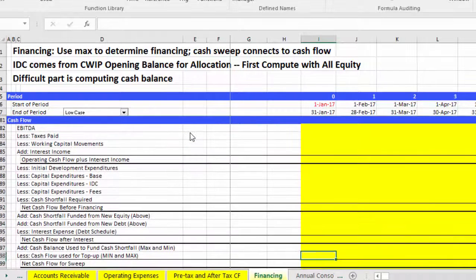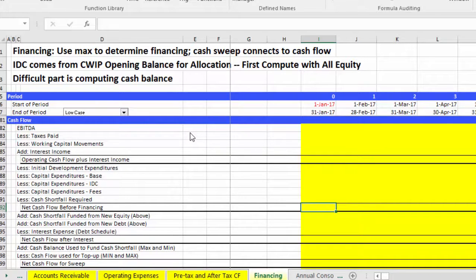There are some slightly more complicated things. One of the things is we have to find how much the financing need is, and we test this thing and see if it is negative or positive.